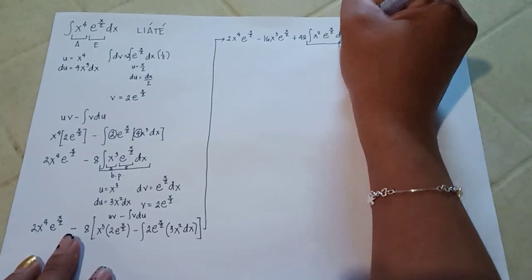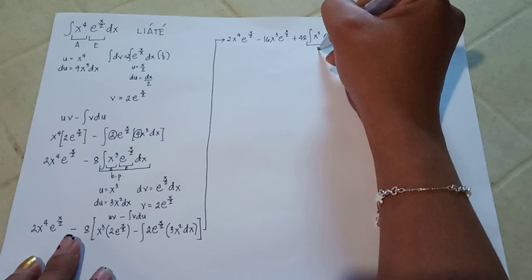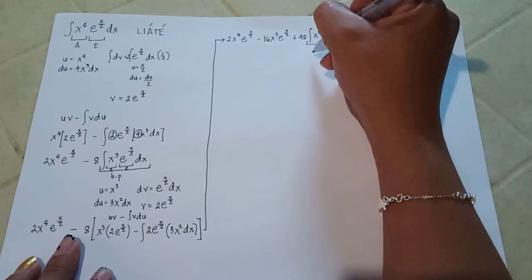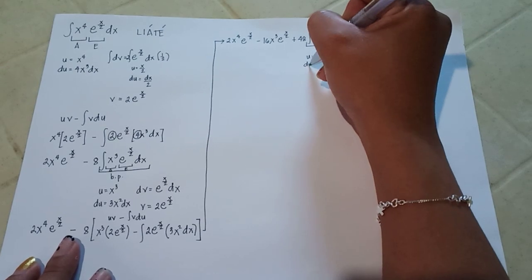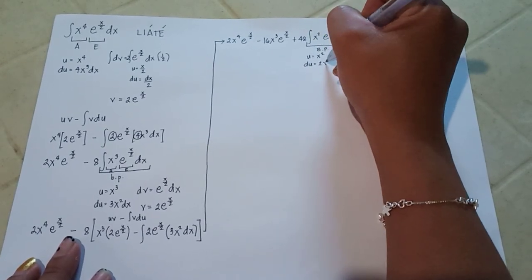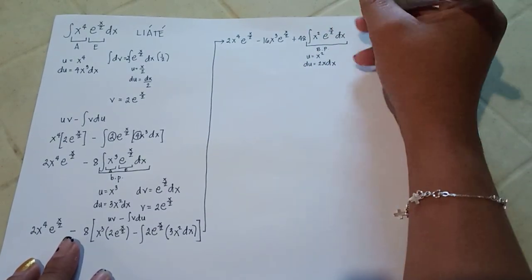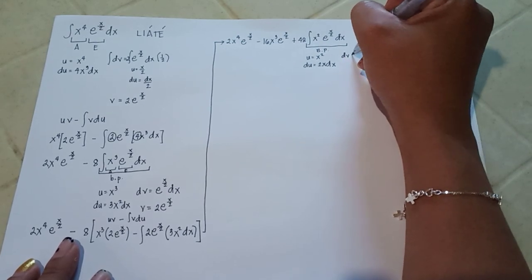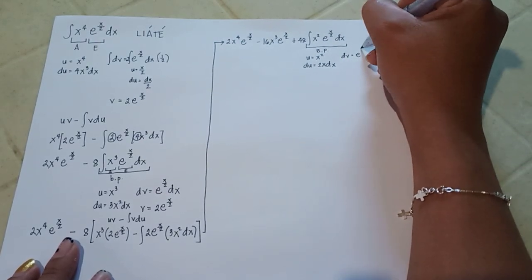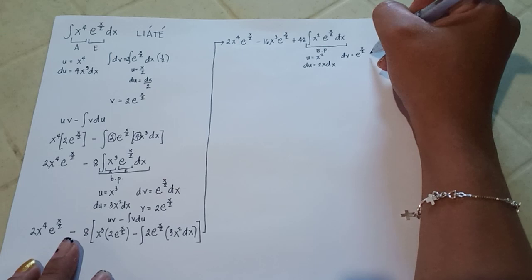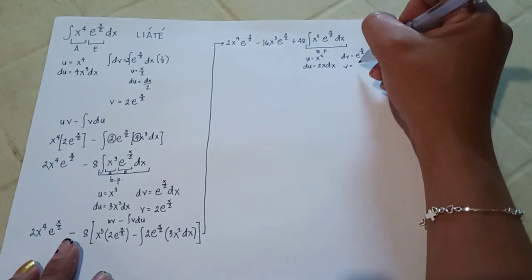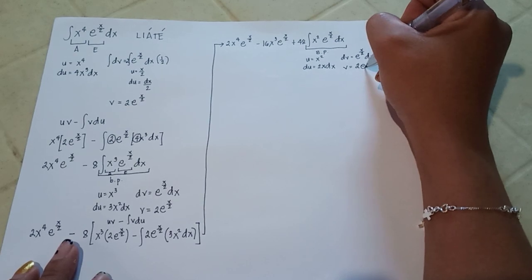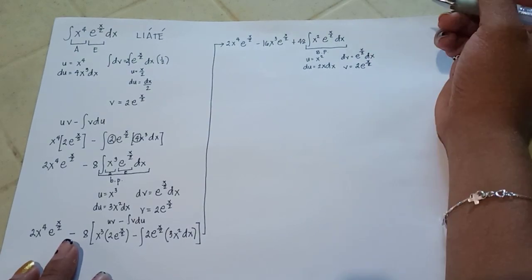This part will result in another by parts, setting your u again as x squared, du as 2x dx. Now your dv is the same as before, which is e raised to x over 2 dx. So the value of your v is simply 2 e raised to x over 2.